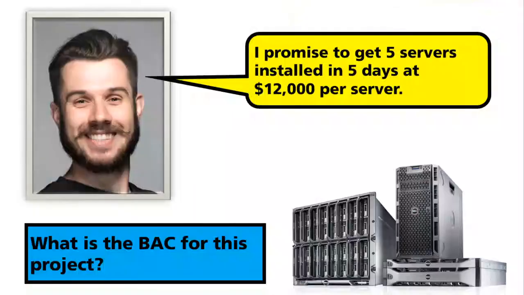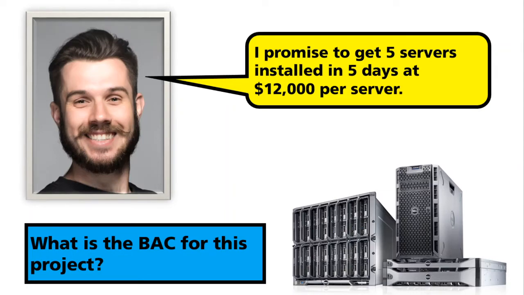In this example, we have Dan, an IT project manager, who is promising to get 5 servers installed in 5 days at $12,000 per server. Now, when you have a problem like this, my friends, it is important for you to identify what all these parameters mean.